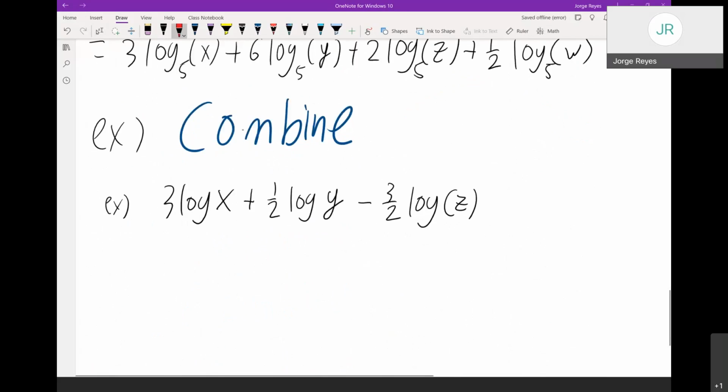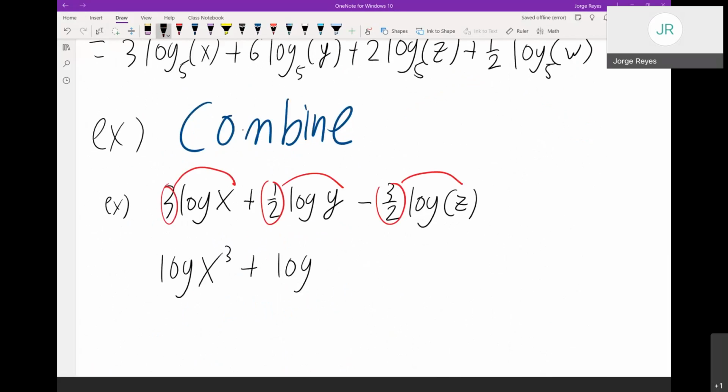So the first thing I'm gonna do is do the power rule. Okay. So I'm gonna get log x cubed plus log, I'm gonna use square root y. And then with this one, I actually have options, okay? I can take the minus sign with me and get a negative power, or I can leave the minus sign and just take the positive part.